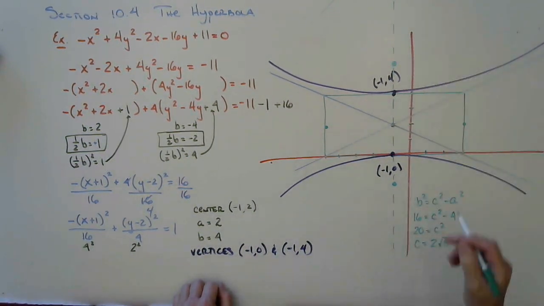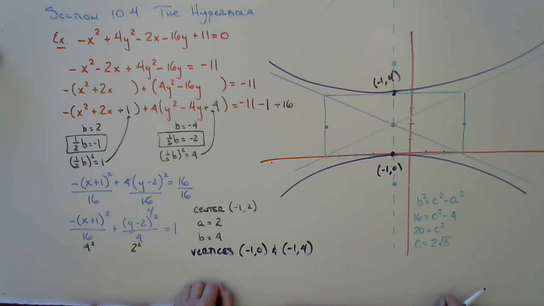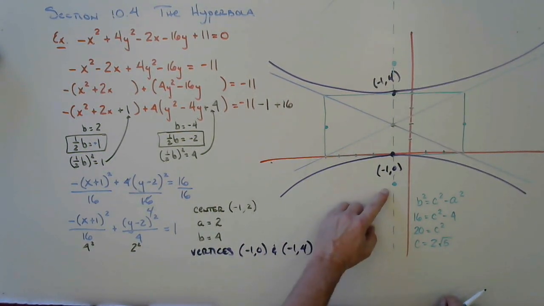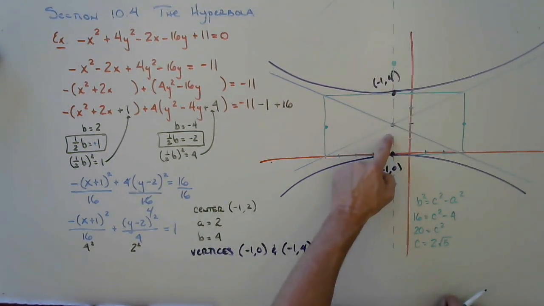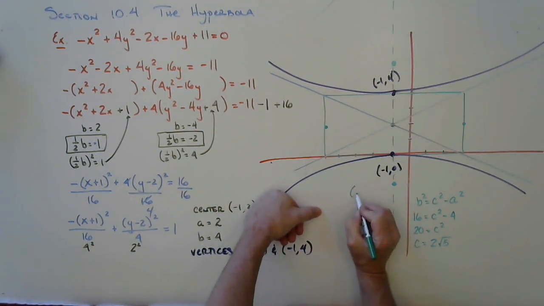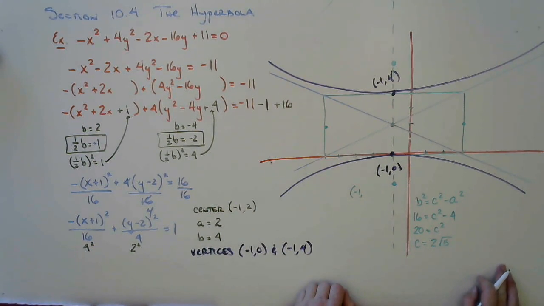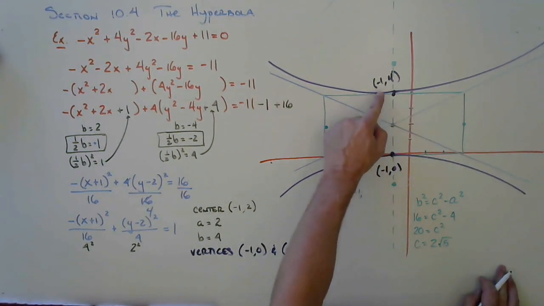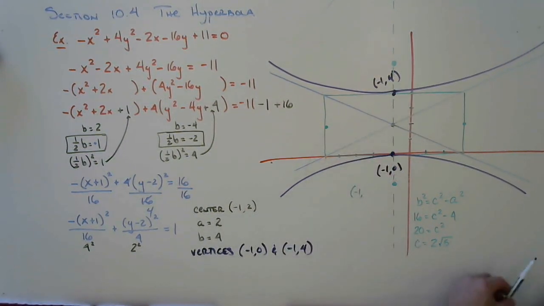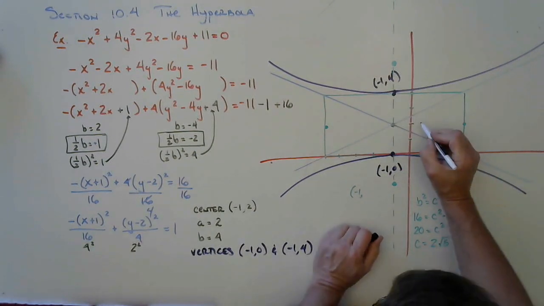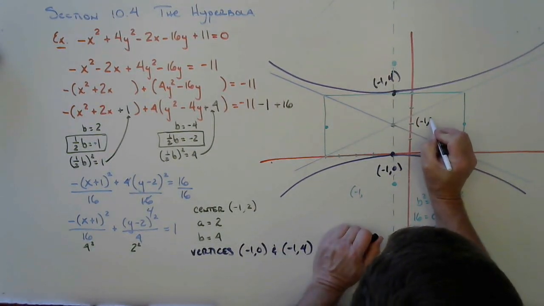Now we need to label those points. Now we got to be careful. The x is easy. We went straight up and down from the center, so the x is going to be negative 1. But what's the y going to be? It's not going to be negative 2 root 5. We didn't start at 0. We started at 2. We didn't label our vertex. We should do that. Our vertex is negative 1, 2.